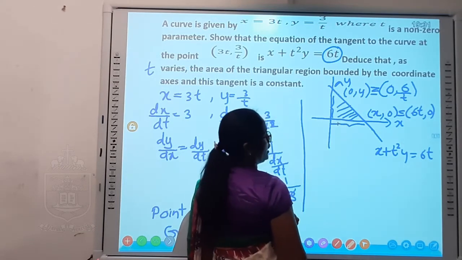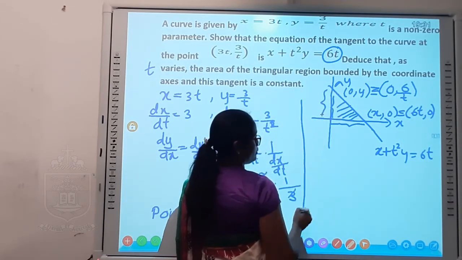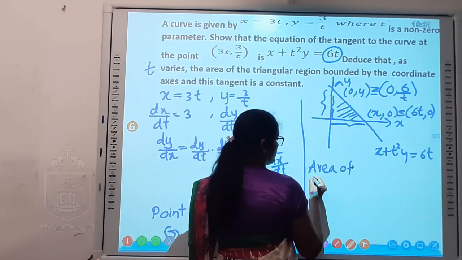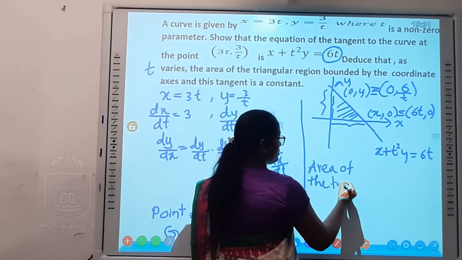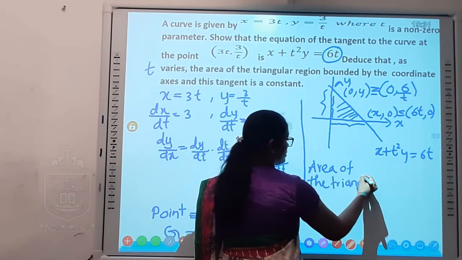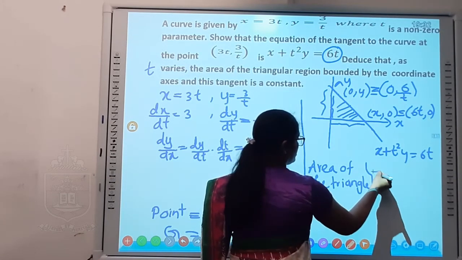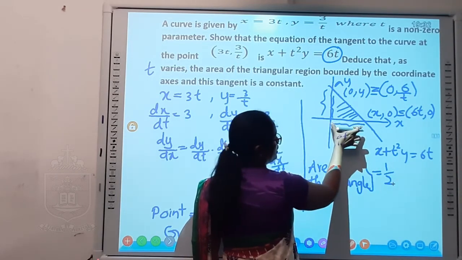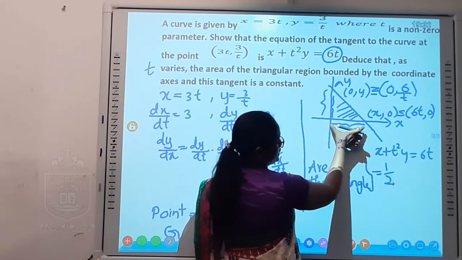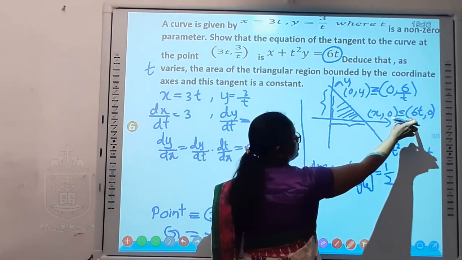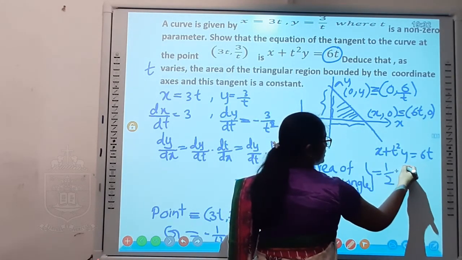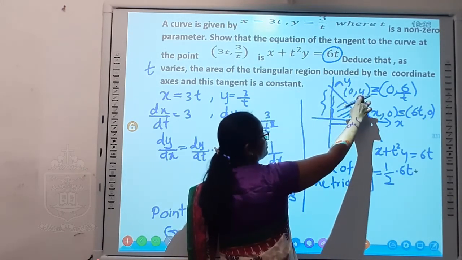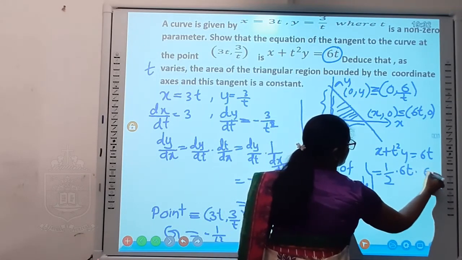Here to here length we have the idea. So we can write the area of the triangle. This is equal to half times the perpendicular base, which means this x distance, that means you can write the x coordinate, that is 60, times the perpendicular length, that means the y coordinate of this point, that is 6 over t.